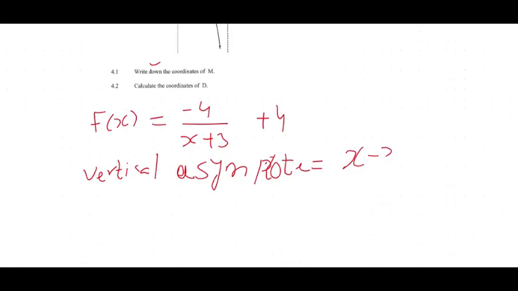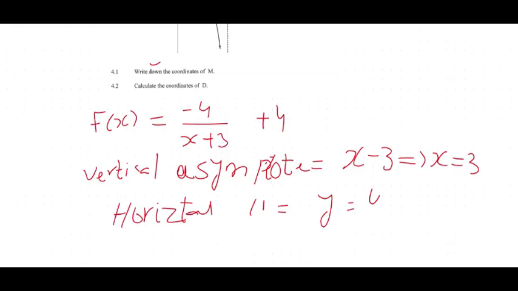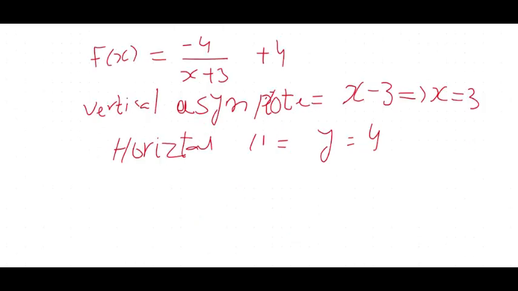And the horizontal asymptote: y equals 4. Therefore the m coordinates are 3 and 4. So we can say that the coordinate of this m is 3 and 4.